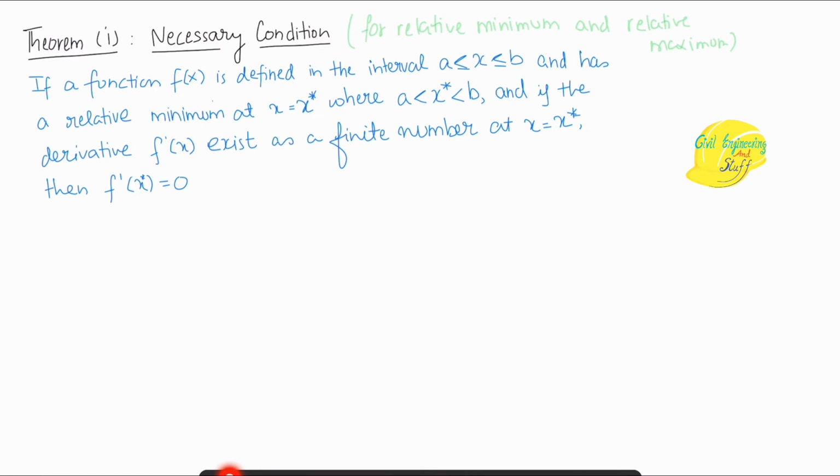As per the necessary condition, the derivative must exist, and f dash x star, the derivative at this value, should be 0. This is the necessary condition to define the maximum point or minimum point.